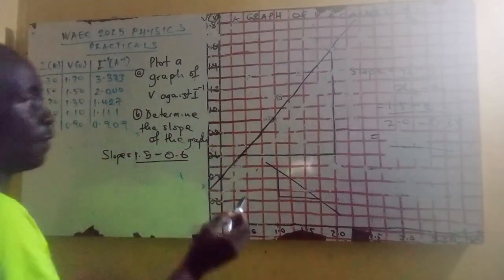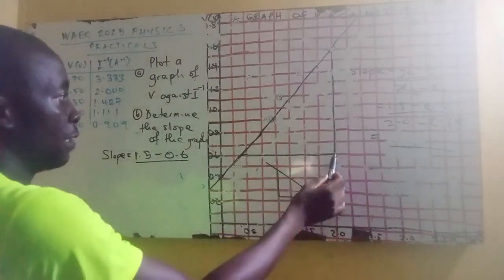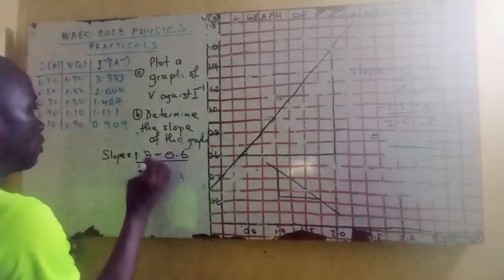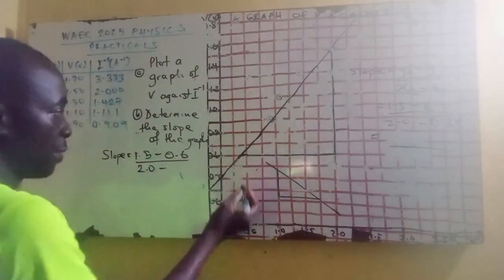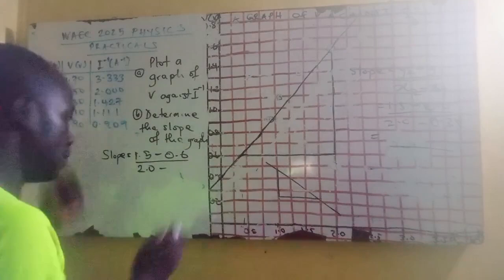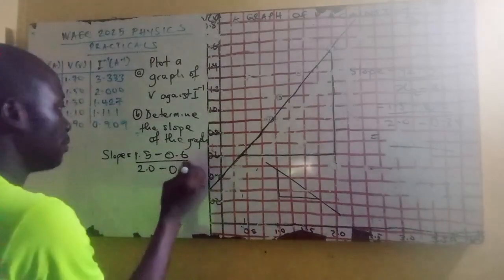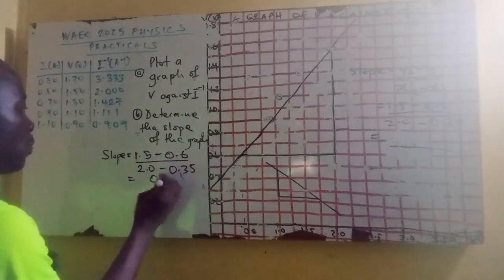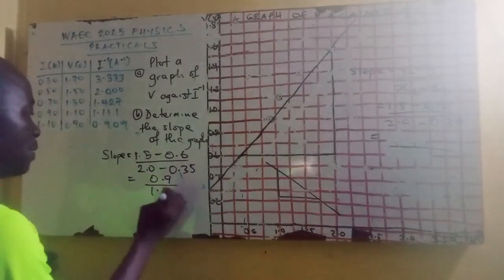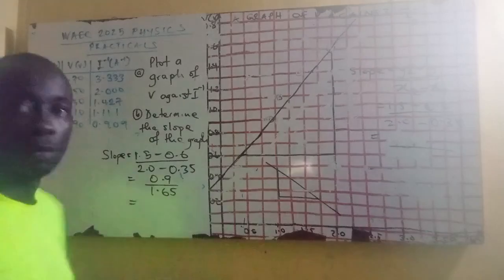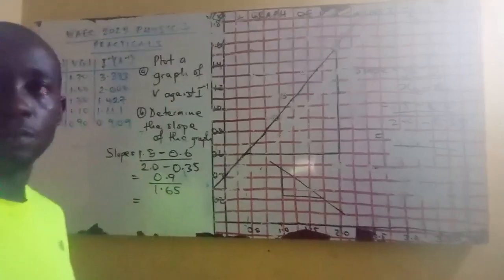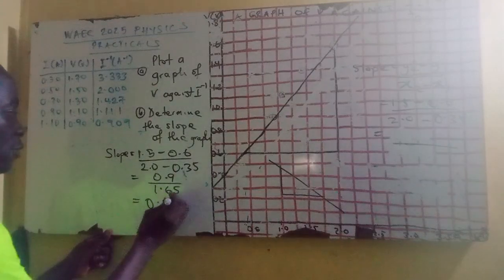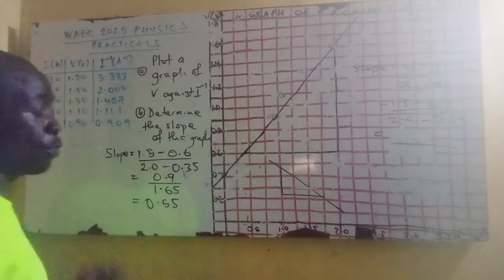Now over, get the value of the point that is here down, that's 2.0 minus the point that is here, it should be 0.35. Now the answer is going to be what? 0.9 over 1.65. Now let's get a calculator. The answer is 0.5454. So that means it should be 0.55.